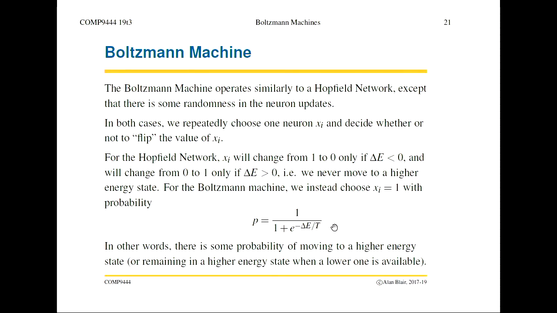If delta E is positive, then we're more likely to switch to x equals 1, because delta E is the additional energy for the 0 state.